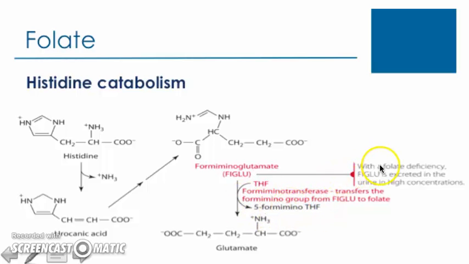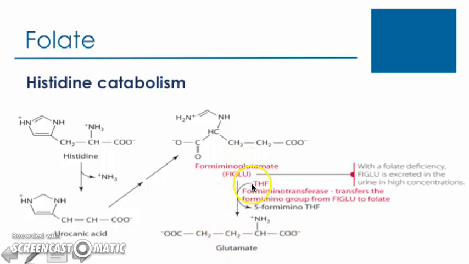We can see here with folate deficiency or low folate status, what occurs is that this tetrahydrofolate will lower. So we have less tetrahydrofolate. So with less tetrahydrofolate, we will not be able to adequately interact with the FIGLU to form glutamate.